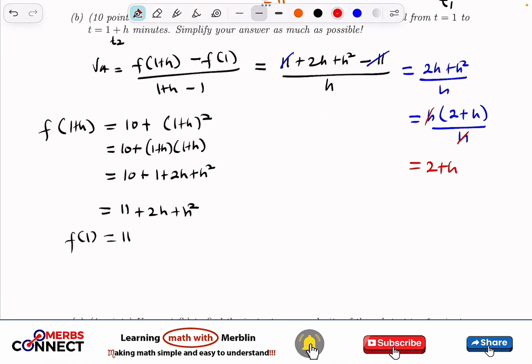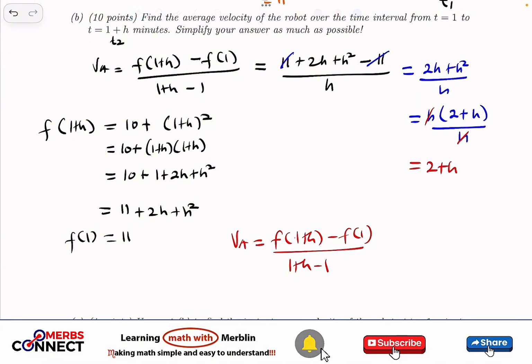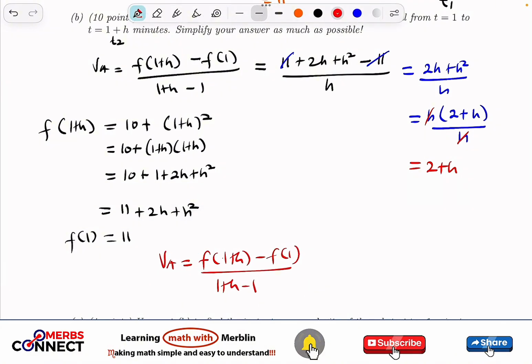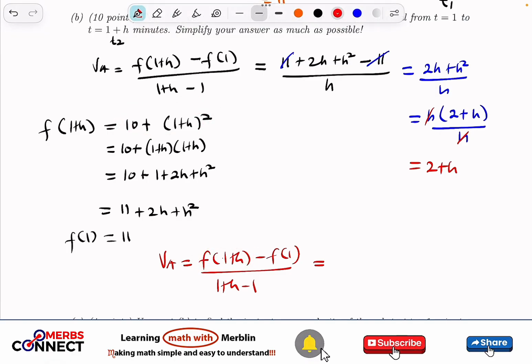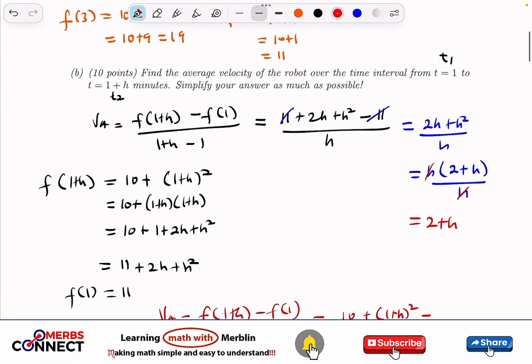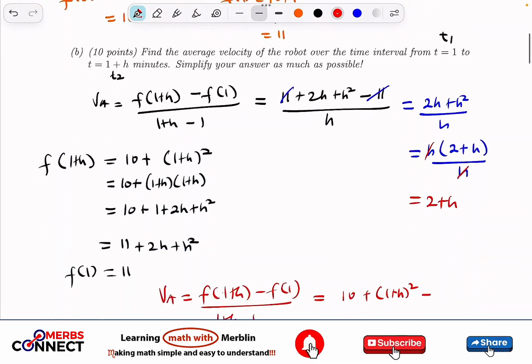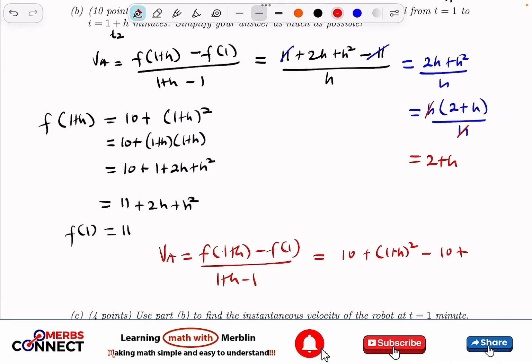So you see, some of you just do something like this: f of 1 plus h minus f of 1, divided by 1 plus h minus 1. Then you try to write everything again by doing direct substitution, and you do something like 10 plus (1 plus h) squared, minus, for f of 1, 10 plus 1 squared, divided by 1 plus h minus 1.